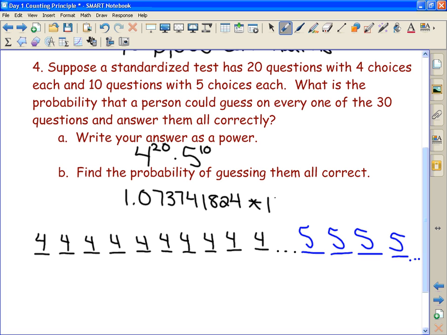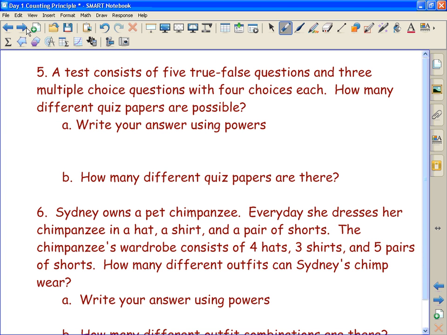So I'm going to write it that way, times 10 to the 19th power. All right? So that's number 4. And that's our answer. That's how many choices we have. It's how many different ways we can answer the test. So maybe Dan answers it one way, maybe Sharon answers it another way, and so on. So that's how many possible different ways that we can answer that test.